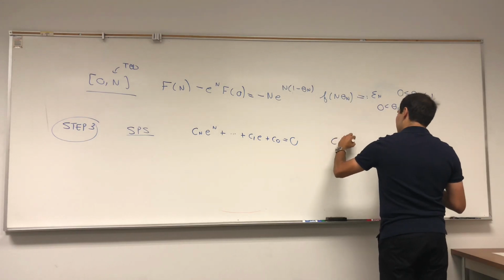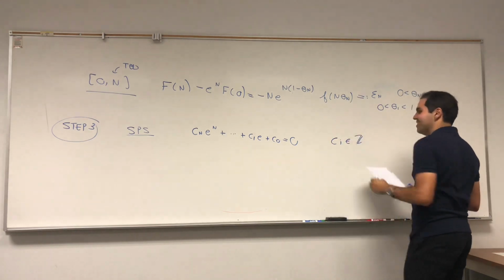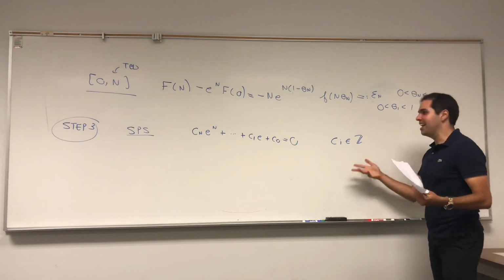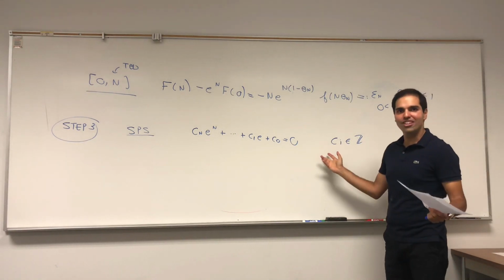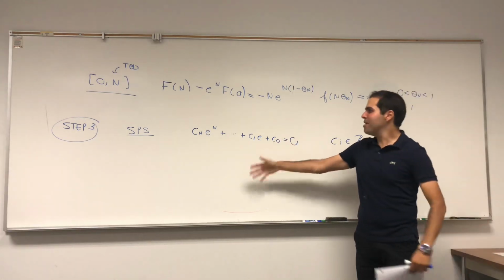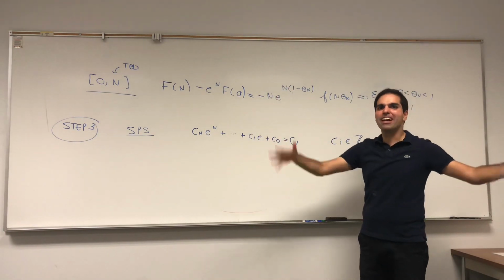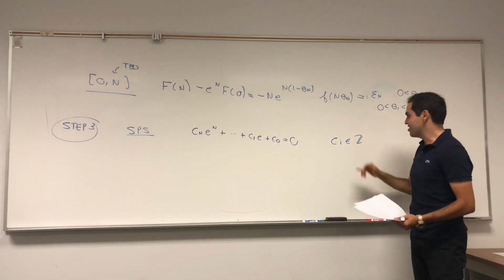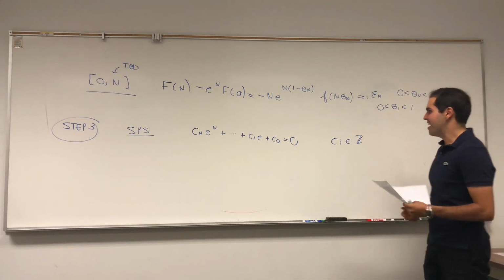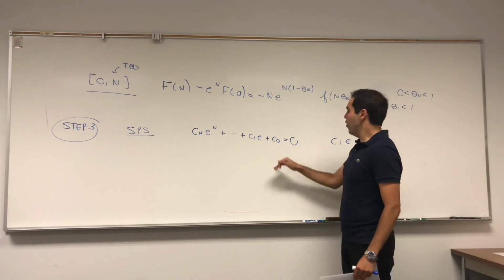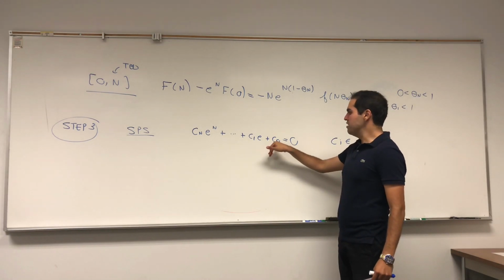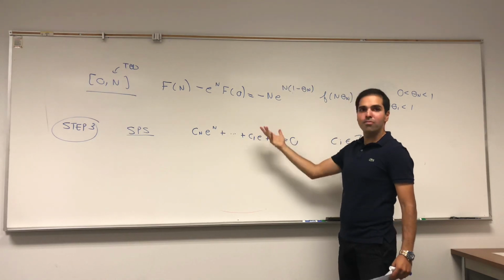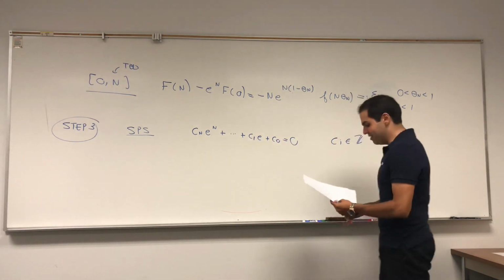So Ci is an integer, and you may object, you may say, hey, what about rational coefficients? Turns out, just by multiplying the polynomial by a huge number, you can make all those coefficients integers. So no loss of generality here. And moreover, if this is negative, then just multiply by -1 and you get a positive number.